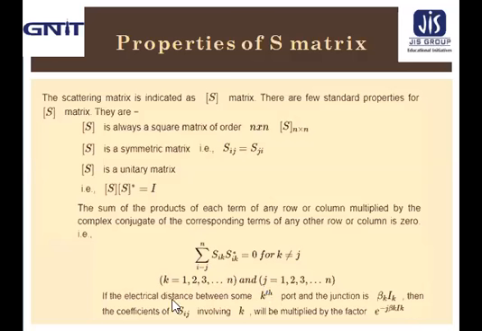And if the electrical distance between the kth port and the junction is beta k lk, that is the electrical length, the coefficient of Sij involving k will be multiplied by the factor e to the power minus j beta k lk.